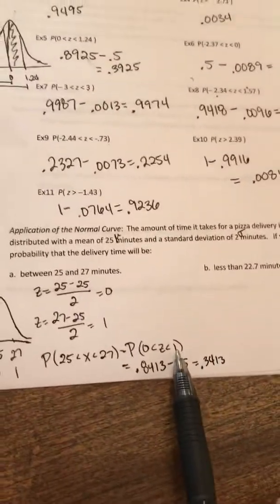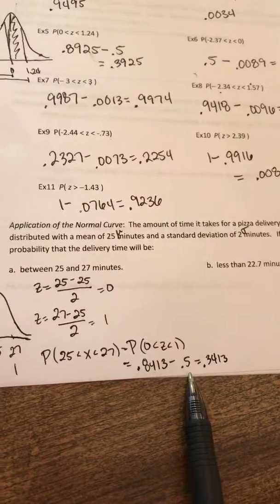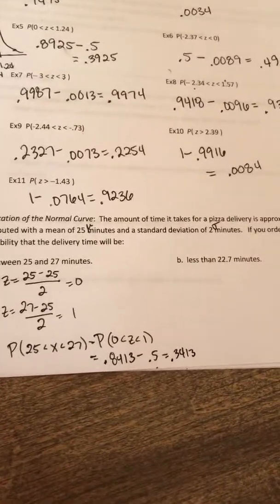If you look up the value on the chart for 1 and subtract off the value for 0, you'll get 0.3413.